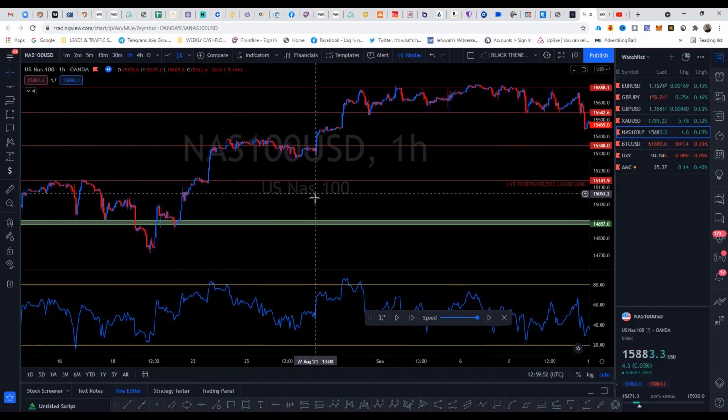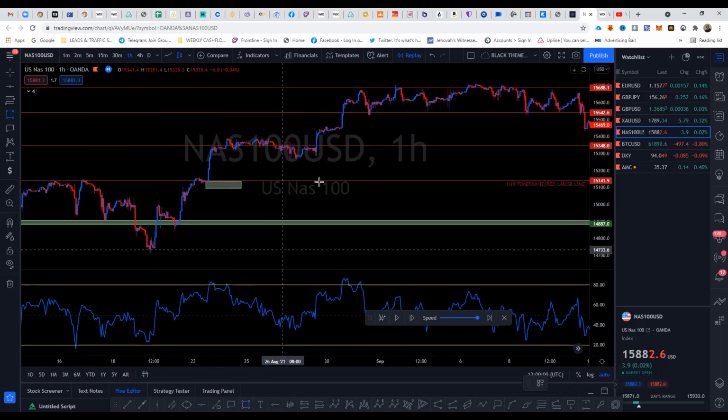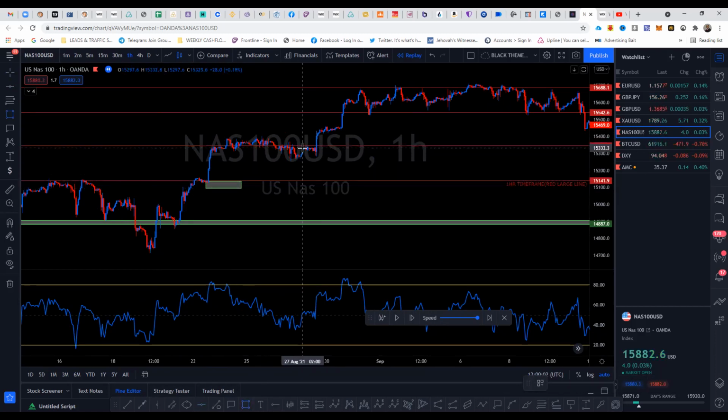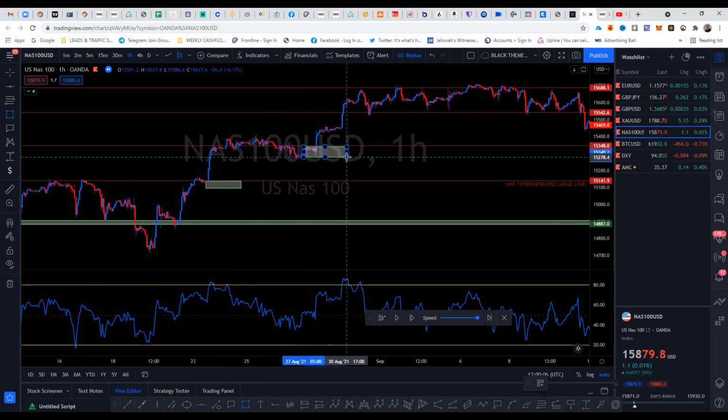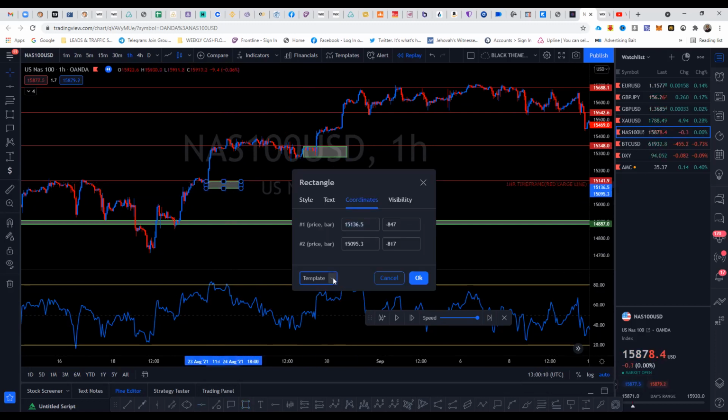So now we're going to mark up the zones off of here. Off of this area. Actually, I need to change these to red.